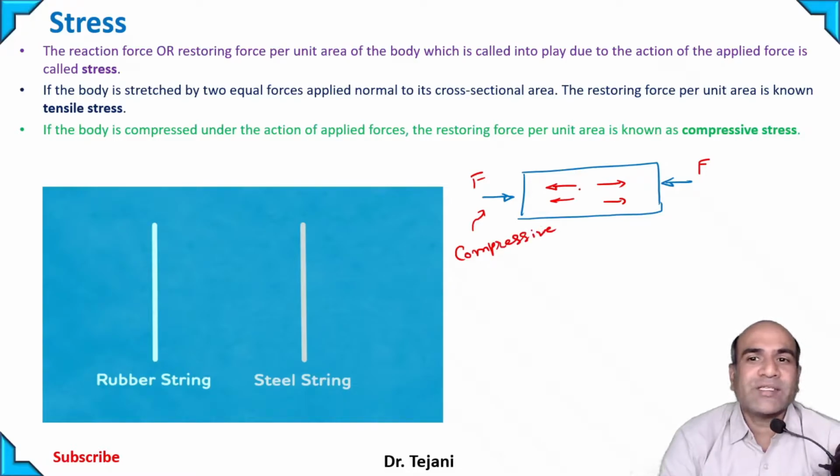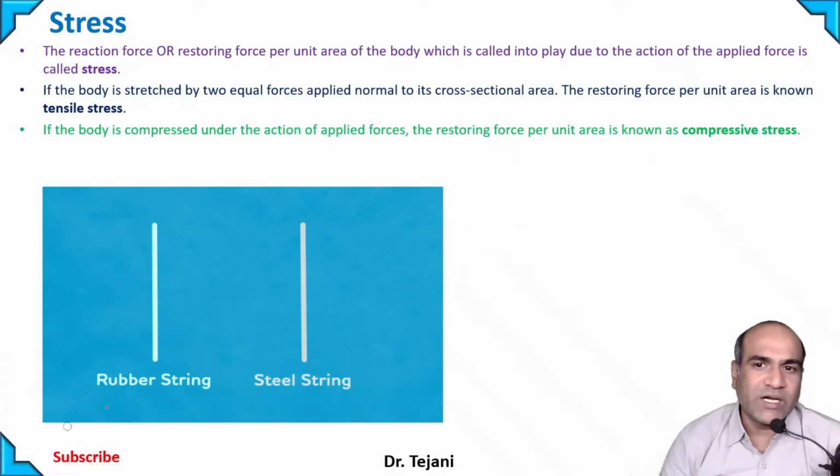This force is known as the compressive force, and the stress generated inside the body is known as compressive stress, denoted by sigma C. We will come to this point once again, so don't worry if you have some confusion.